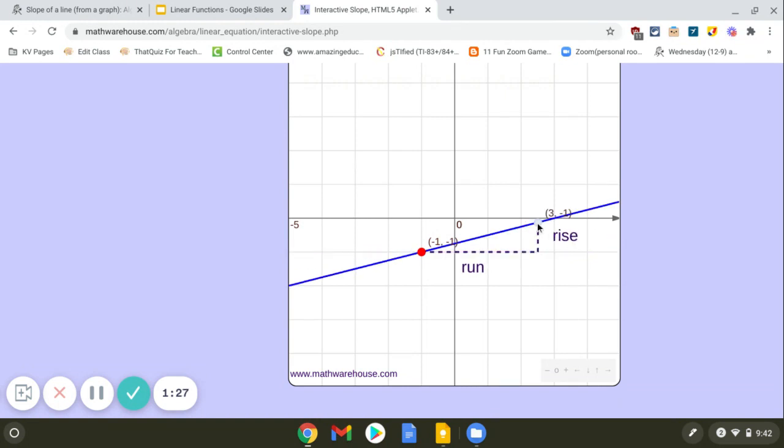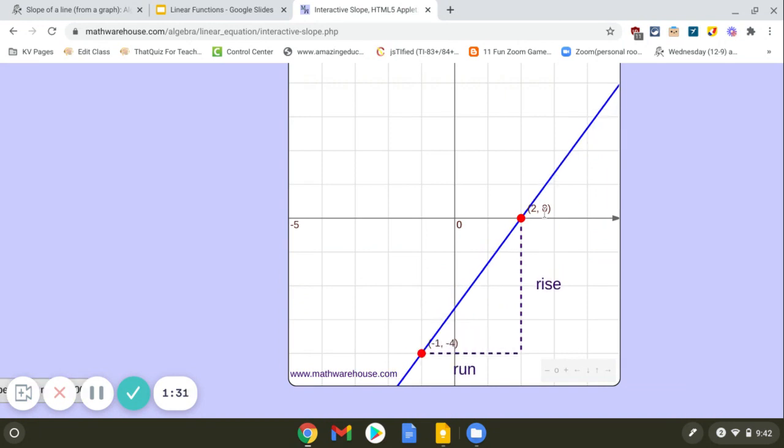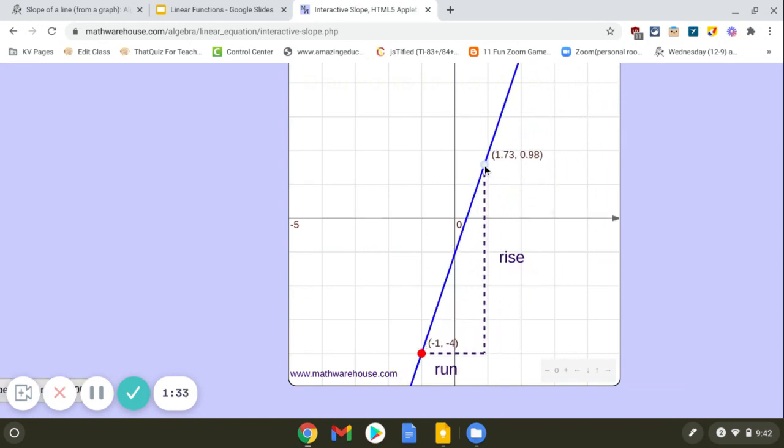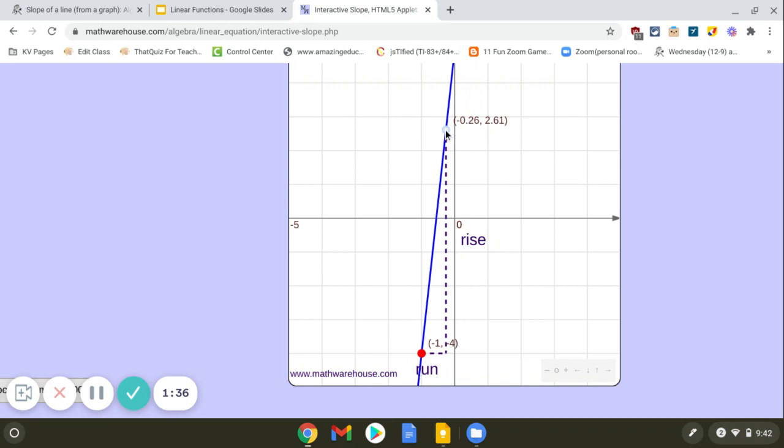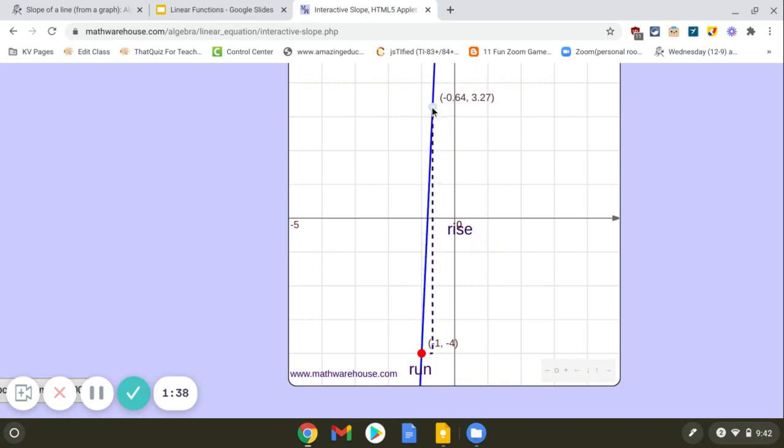Now, let's look at the other extreme here. So imagine it's super tilted, really high tilted. Let's get them closer here. Right there. So now, the rise, how much it goes up and down, the top number, is 3, and the left and right between them is 0.